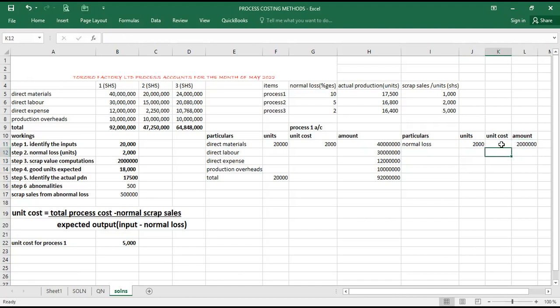Yeah, it's 2 million. If you want, you can also put the price, but we have already multiplied it, even if you don't put that. And here we have to put our abnormal losses.